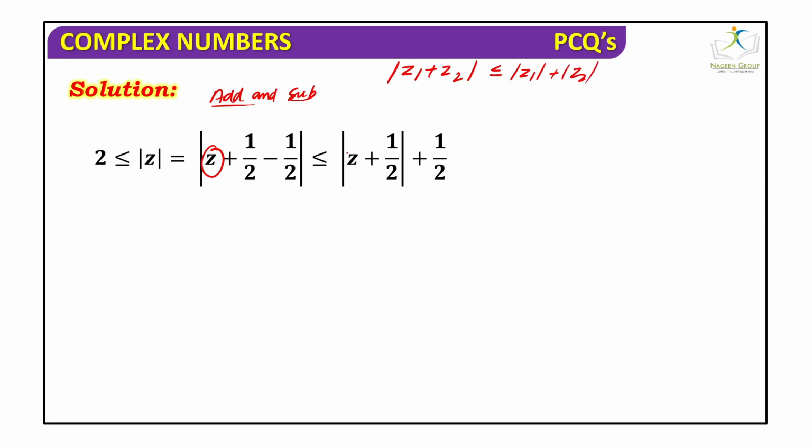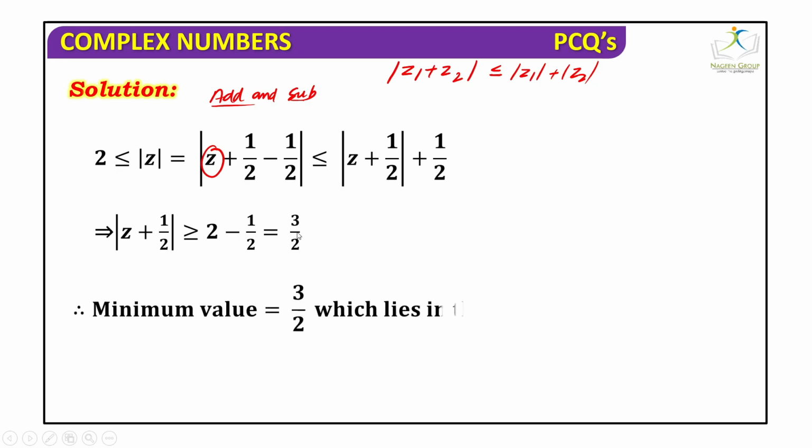So we use this property: this is modulus of z plus 1 by 2, plus 1 by 2, and this value is greater than or equal to 2 minus 1 by 2, which equals 3 by 2. The value is given, so we put it in, and the value comes to 3 by 2. We can take this 1 by 2 to that side. Now the minimum value of this will be 3 by 2, which lies in the interval 1 to 2.